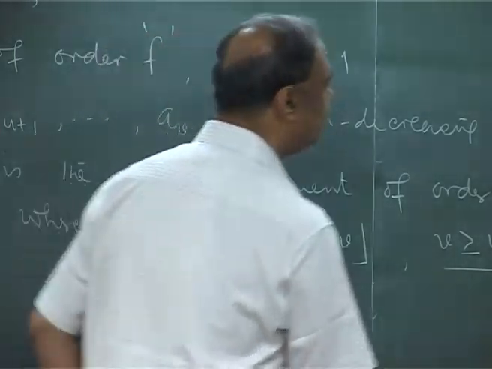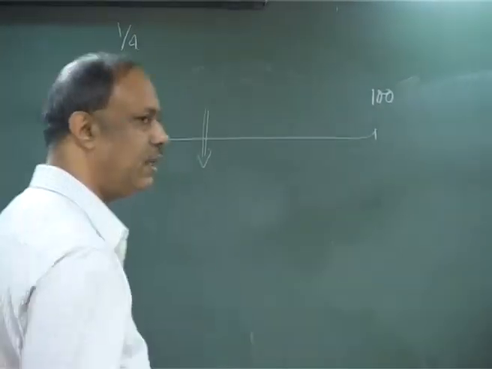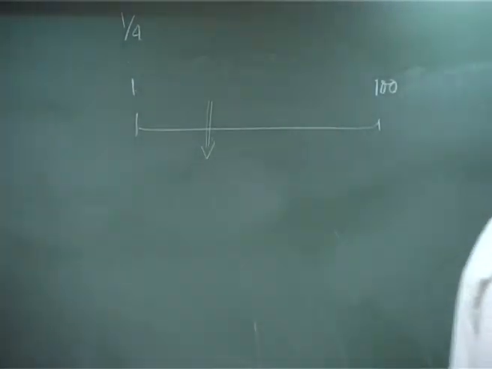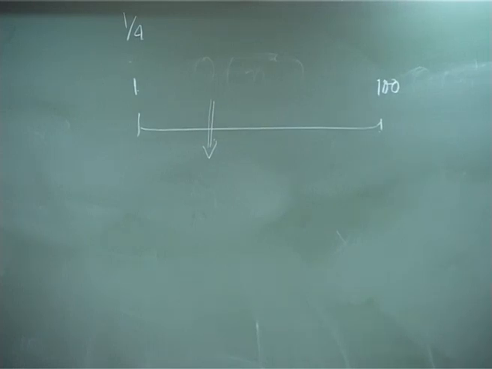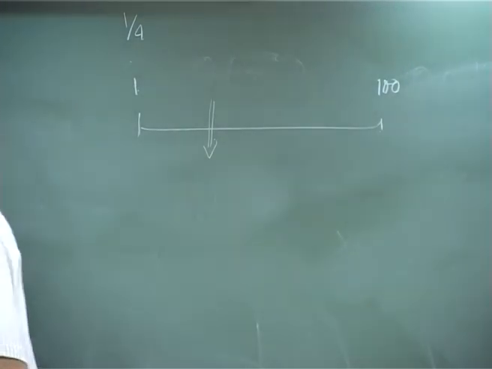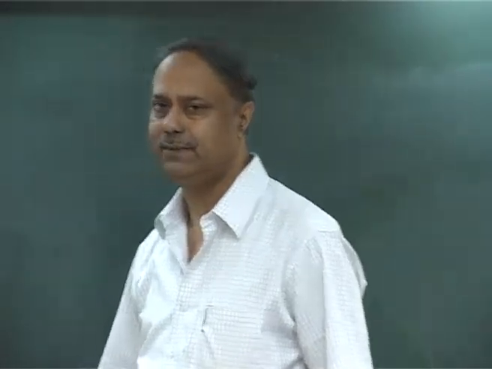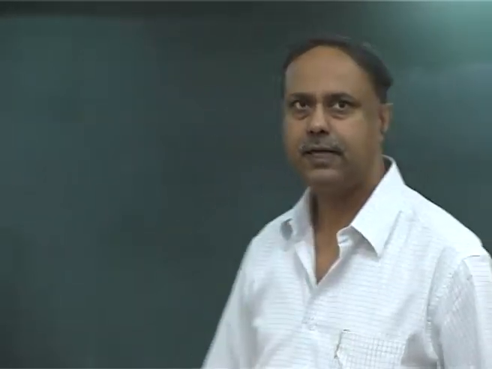So F is 1 by 4 means it will give you the first quartile part, right? And F is 3 by 4, it will give you the third quartile. So that is the definition of how we are defining the quantile element.